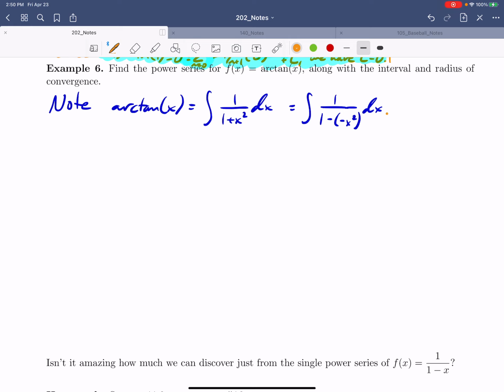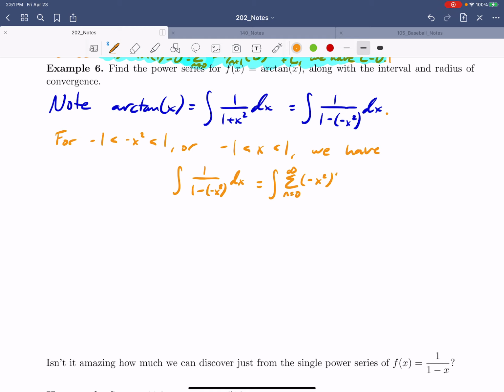And then maybe we can say, for negative x squared between negative 1 and 1, or I guess you could say x between negative 1 and 1, we have that this expression equals the integral of the sum from 0 to infinity of negative x squared raised to the n.